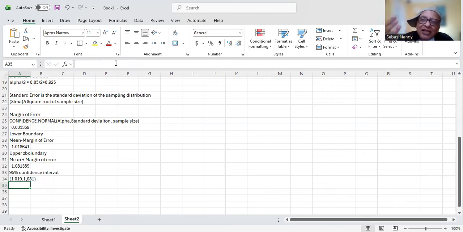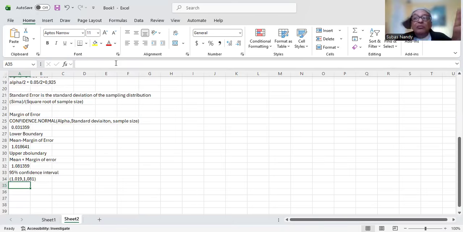Excel directly calculates the margin of error. You just have to use equal to confidence dot norm, and inside the parenthesis, first the alpha value, which is 1 minus confidence, in our case 0.05, comma, the standard deviation is 0.08, comma, sample size is 25, and close the parenthesis, you'll get the margin of error.